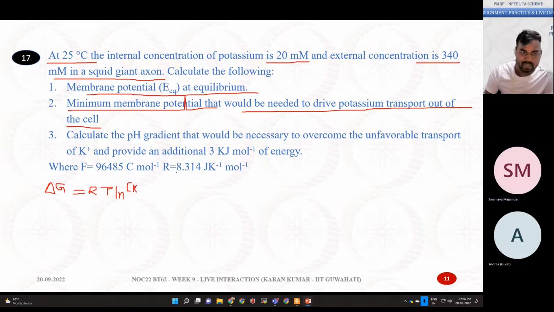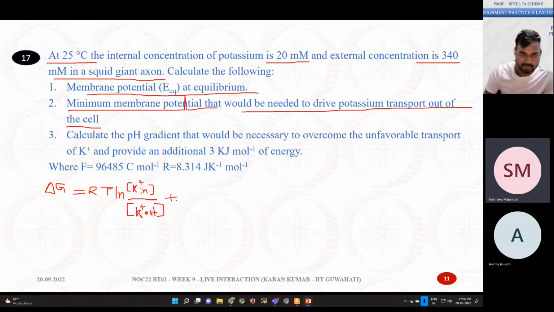What ion is given here? It is potassium ion, right? So K plus inside divided by K plus outside, plus ZF delta psi. Very good.